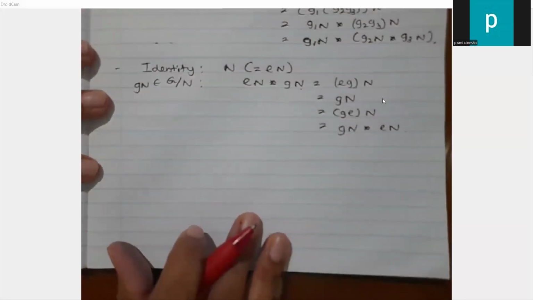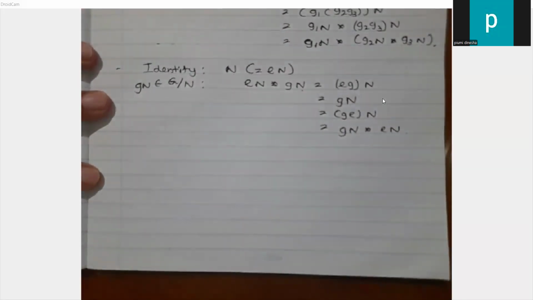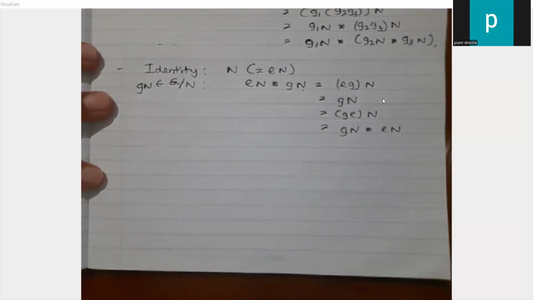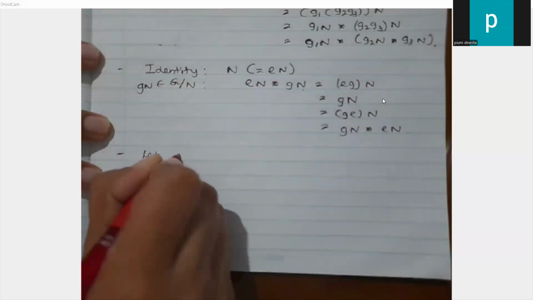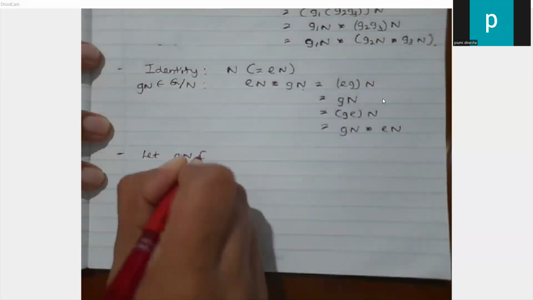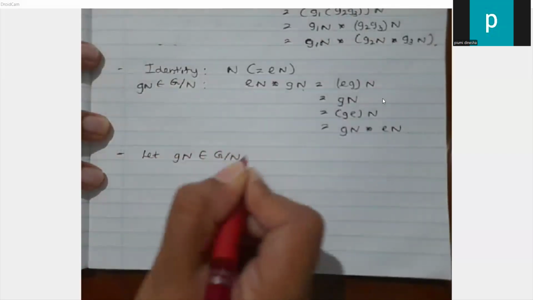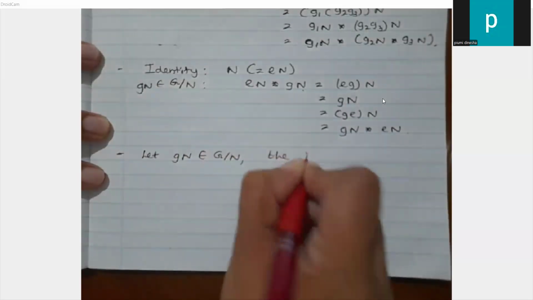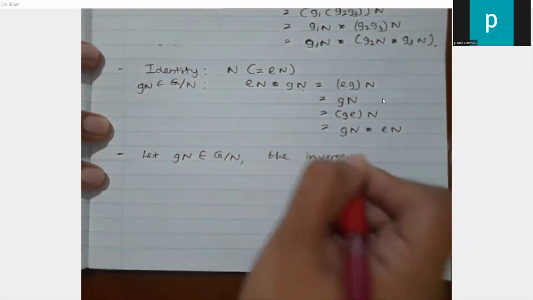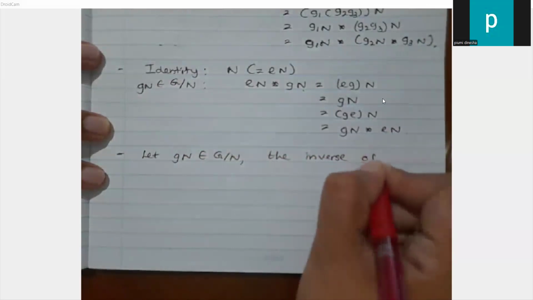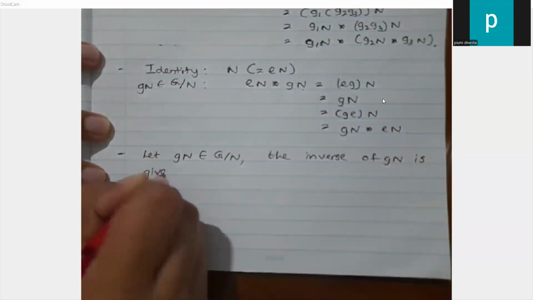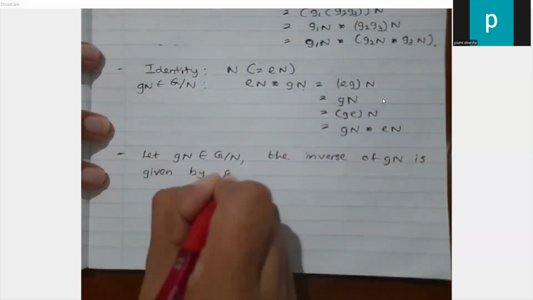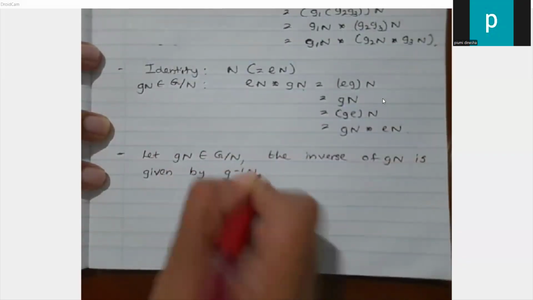Now let's take any element in this set and find its inverse. Let gN be an element in this quotient. The inverse of gN is given by g inverse N. Why is that?